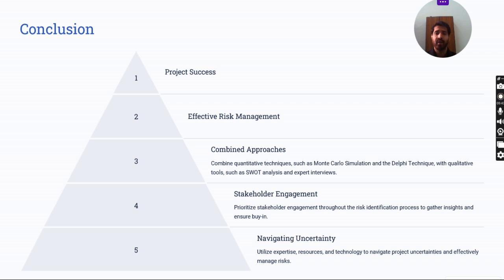As we discussed, Monte Carlo simulation and Delphi technique are quantitative or data-driven. They can be complemented by SWOT analysis, expert interviews, or risk breakdown structures to give us more accurate responses. Prioritizing risk identification and leveraging the right tools and expertise can lead us to achieve our project more successfully.